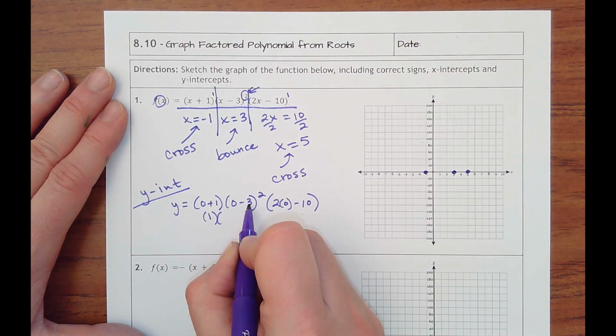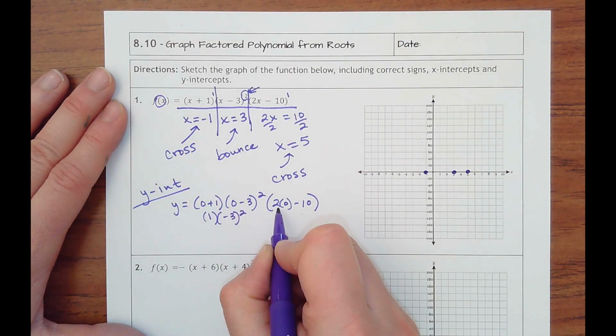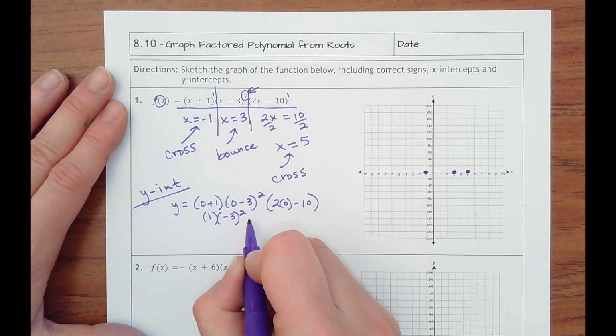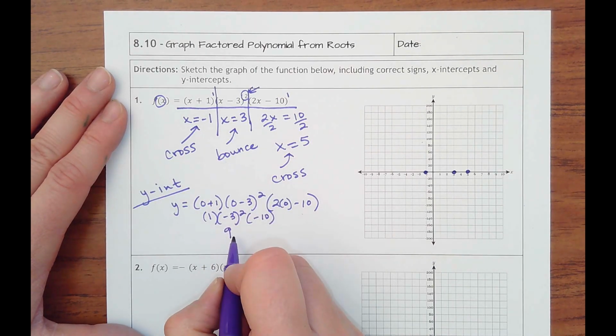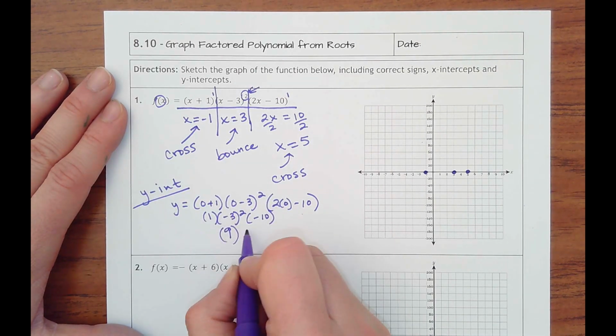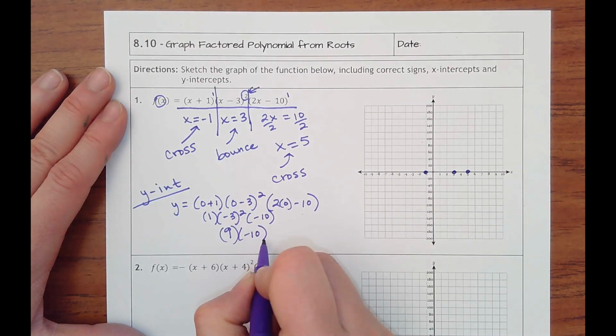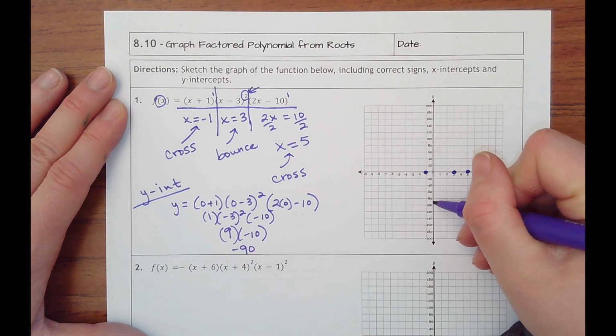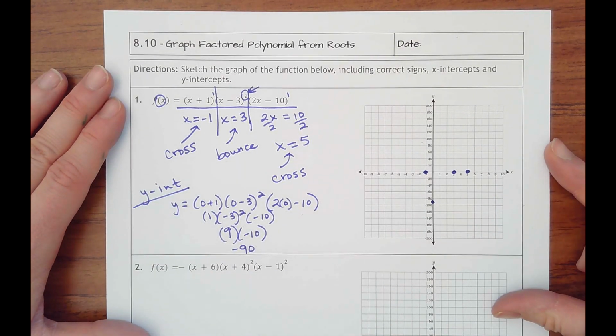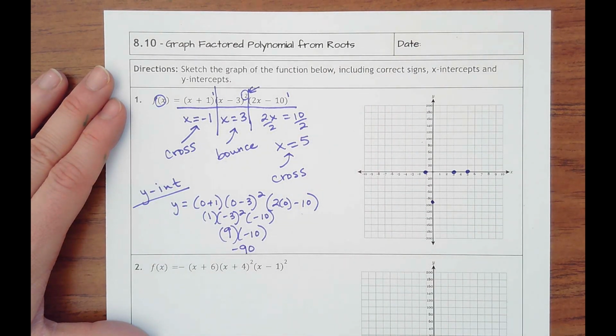That would be -3 squared. 2 times 0 is 0, minus 10 is -10. -3 squared is 9, times 1 doesn't do anything, times -10 is -90. Should be right there. Then once you do that, it's going to have you sketch the graph, and then it'll smooth out the lines for you.